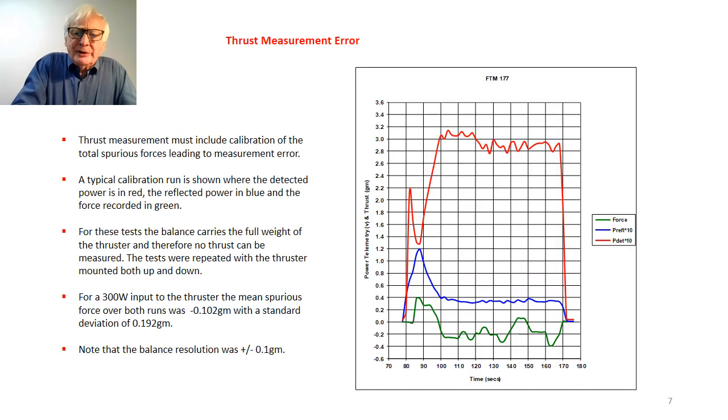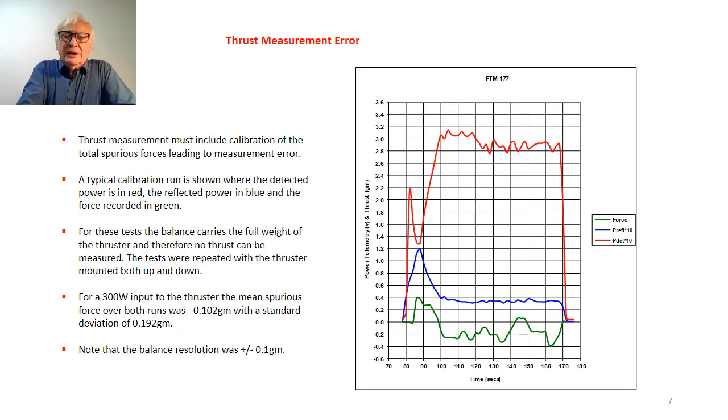As well as calibrating the power levels through the test system, we must also calibrate the total spurious forces which occur during a test run, which would otherwise lead to a measurement error on the thrust itself.